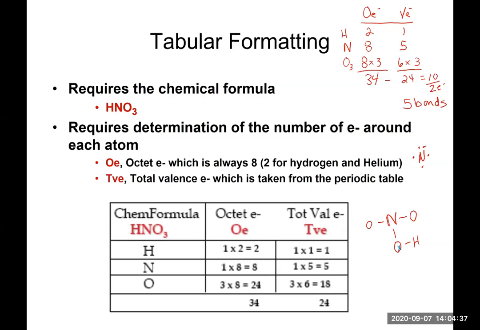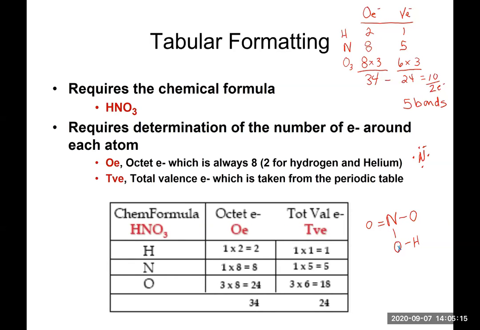So we can put a double bond here that gives the oxygen 2 bonds, and I could have just as easily have put that double bond over here. It doesn't matter which side I put it on. I can put it on either side that I want. I'll just put it on that side for the time being. Now there's 5 bonds, and I'm just going to keep going with this to see how this structure works out. And I'll talk to you about how you prove with formal charges whether or not you have a good structure.